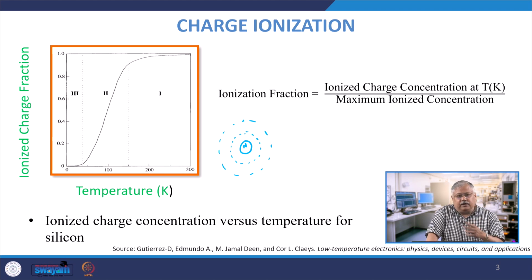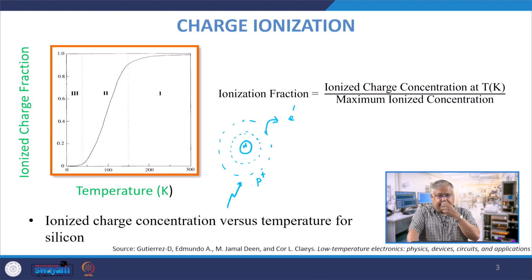Actually, it is a cloud of electrons in the orbital space. Now, let us suppose I give thermal energy to this species, then the outermost shell electron will jump out into free space, thereby converting this material, let us suppose phosphorus, into P plus, and there will be one electron donated to the silicon.